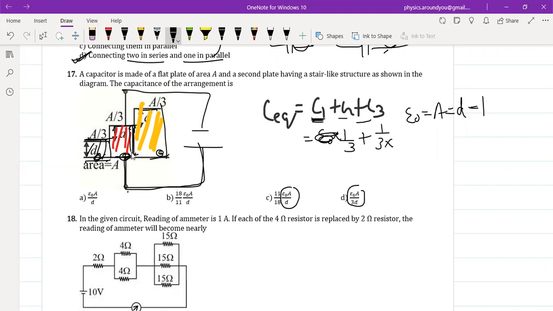You need to take this total distance, d plus d, 2d. So epsilon naught A by d, this will be 1 by 6. And what about this plate? Again 1 by 3, but it will be now 3d. So 1 by 3 plus 1 by 6 plus 1 by 9. The LCM of all these is 18.